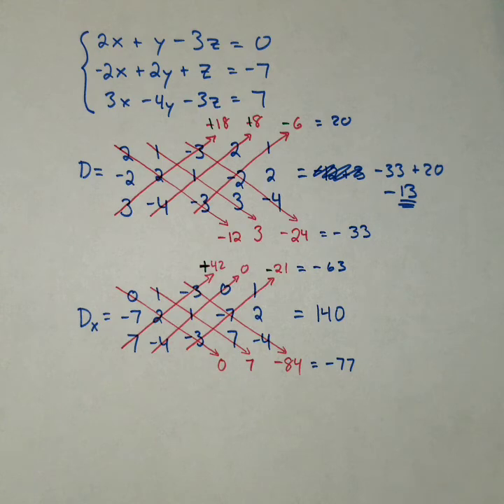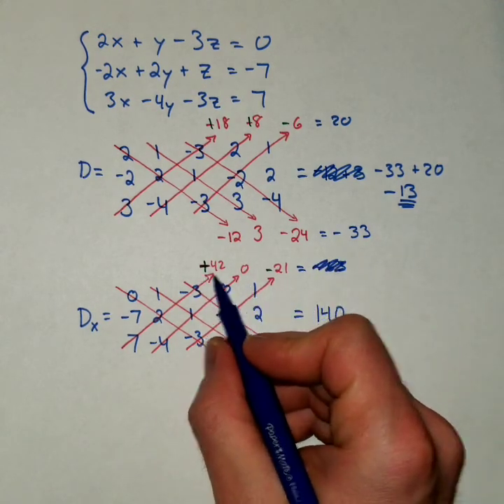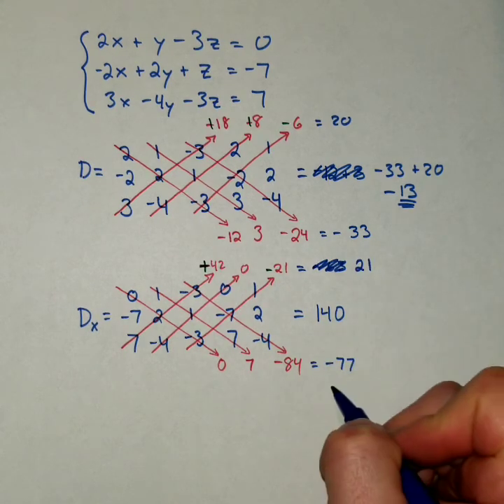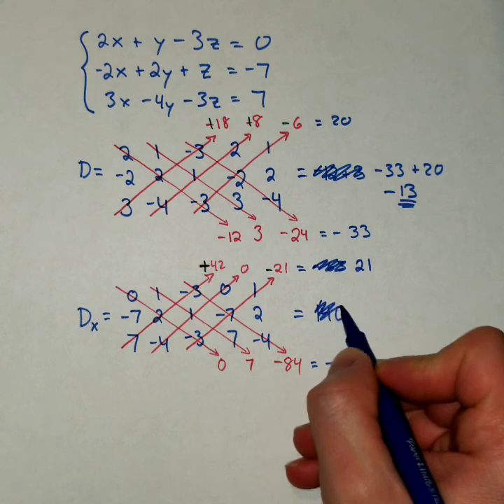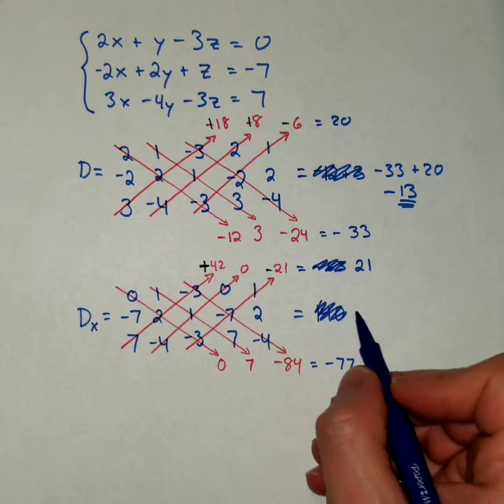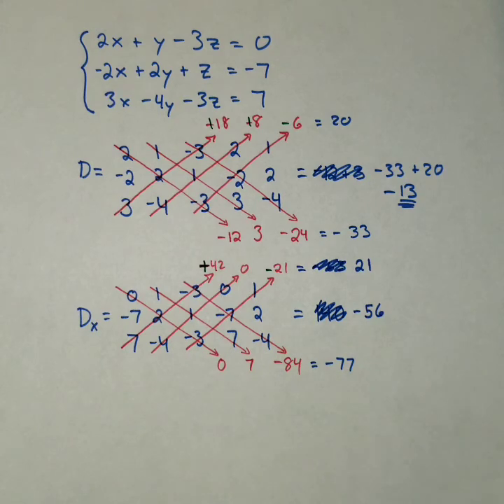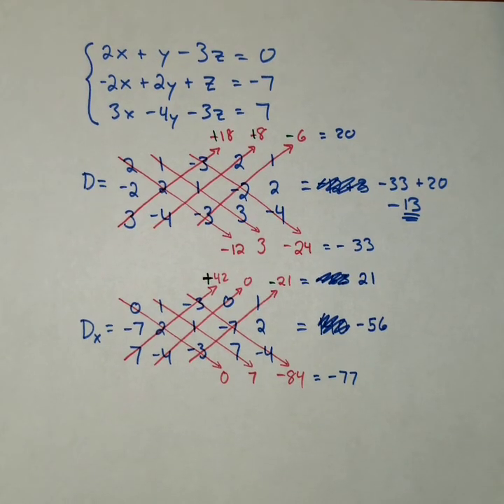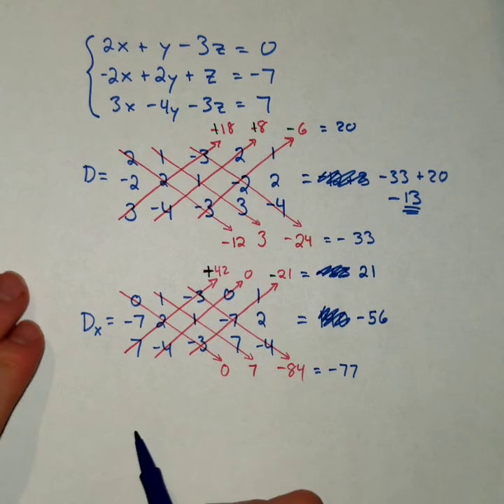That would then make this negative 63 a positive 21, and then negative 77 plus 21 is a negative 56, which is what I was expecting to see. It just wasn't quite working out. It's nice to have already done this a different way.